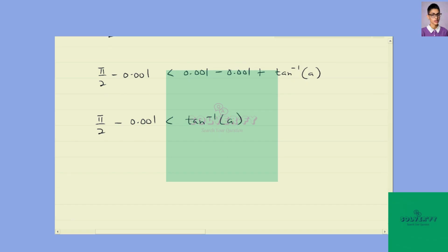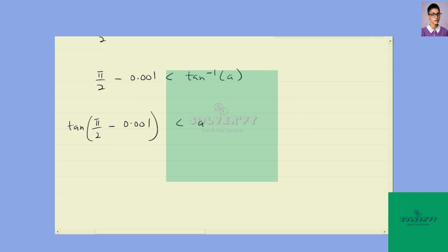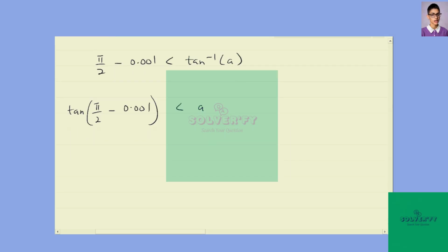So here we would have 1.569, or probably instead of taking that, the whole thing on 2, we can take the tan of both sides so that this becomes a. So a should be greater than the tan of that.